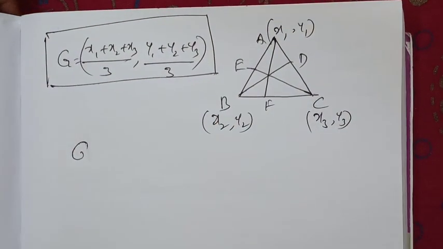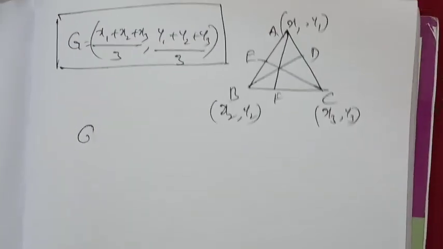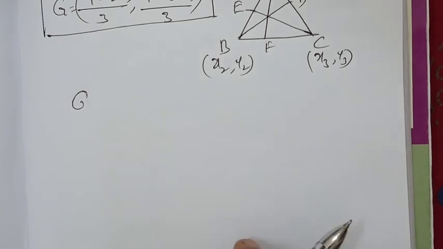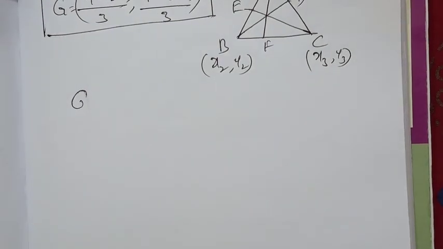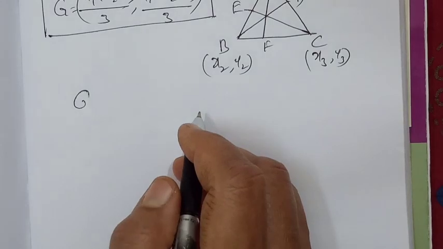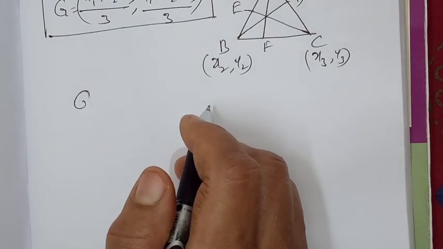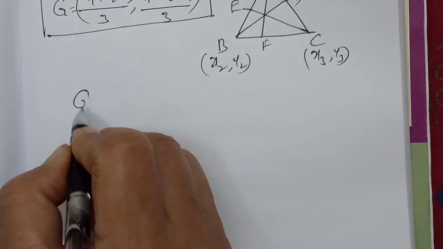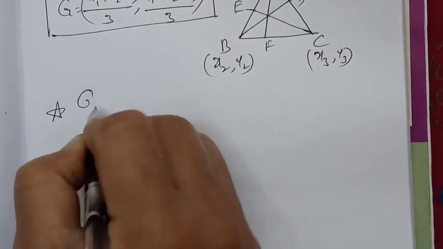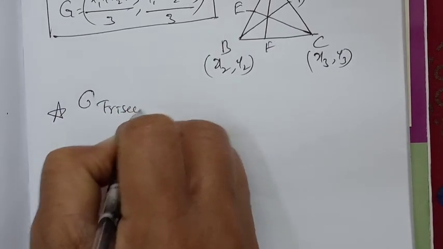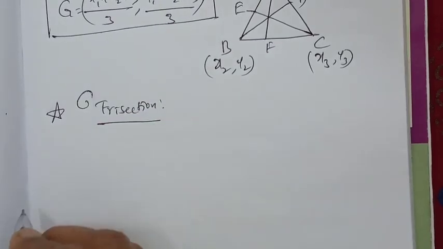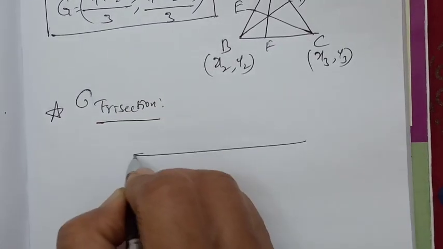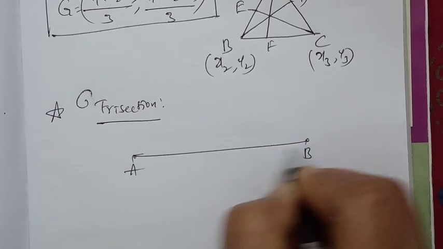Next now, trisection. What is trisection, children? Suppose the next important one is trisection. This is a line segment AB.